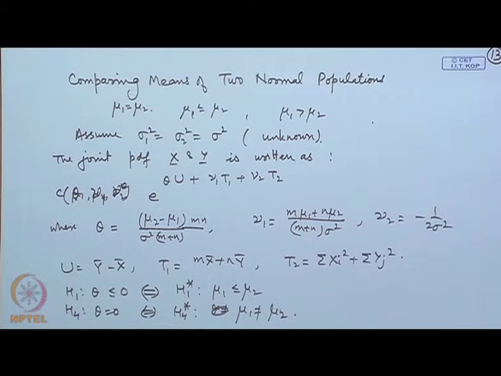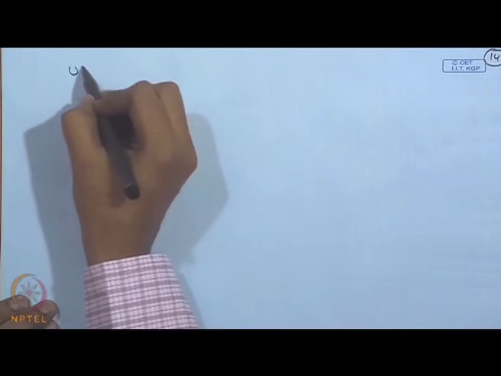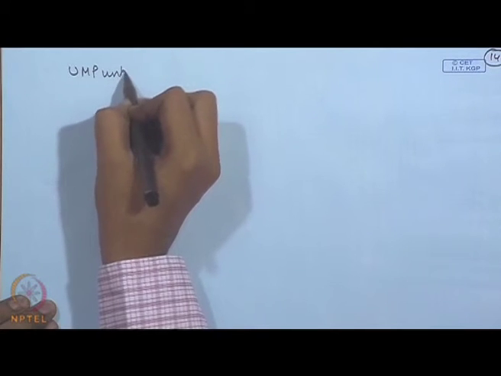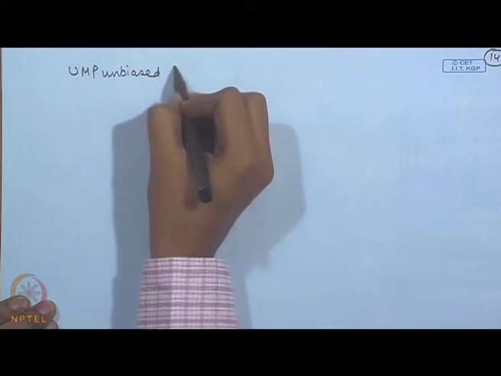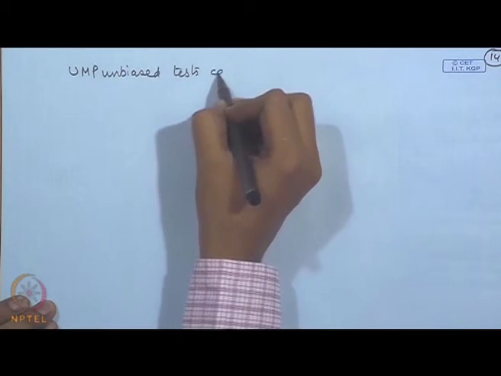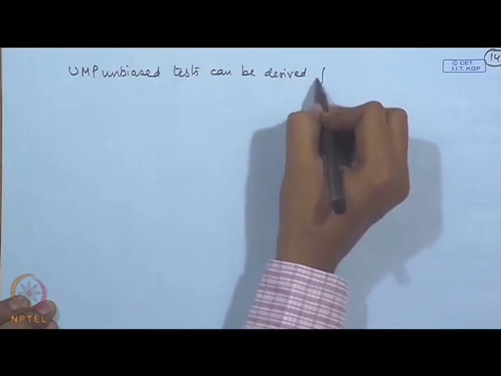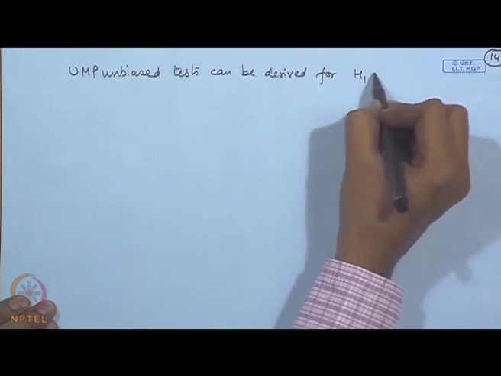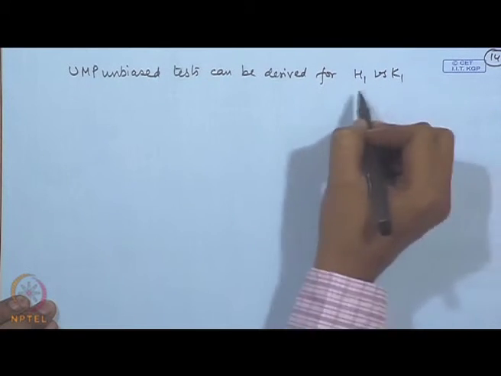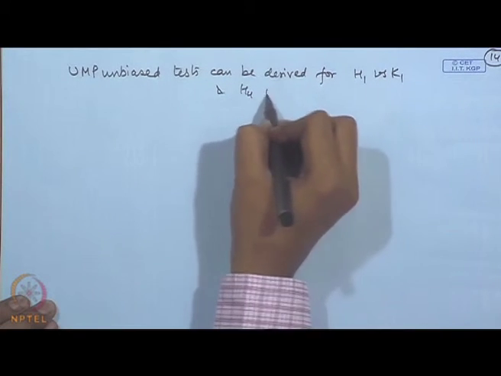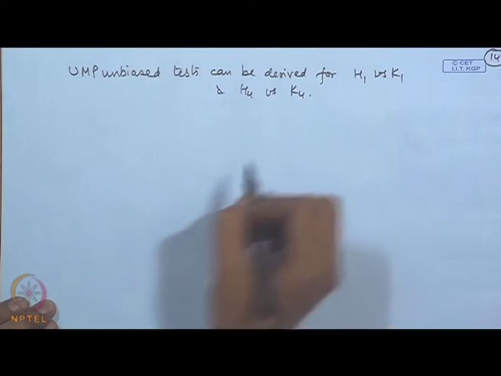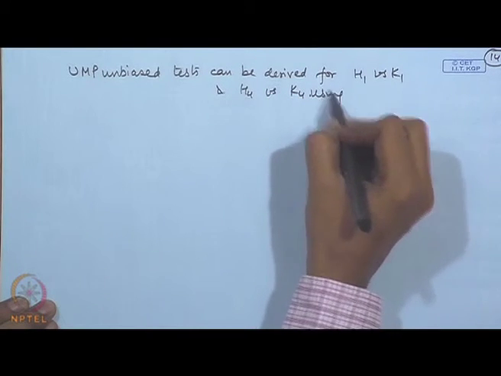So, once again we have the UMP unbiased tests here. UMP unbiased tests can be derived for H 1 versus K 1 and H 4 versus K 4 using theorem 3.